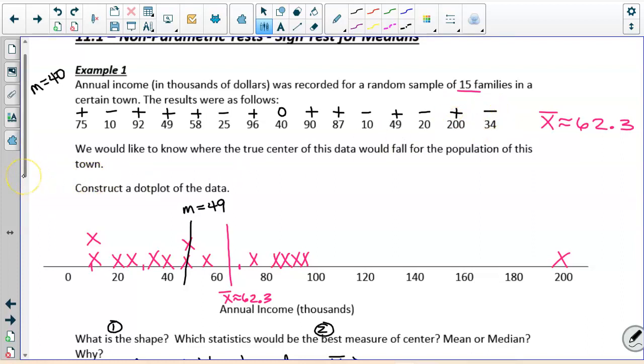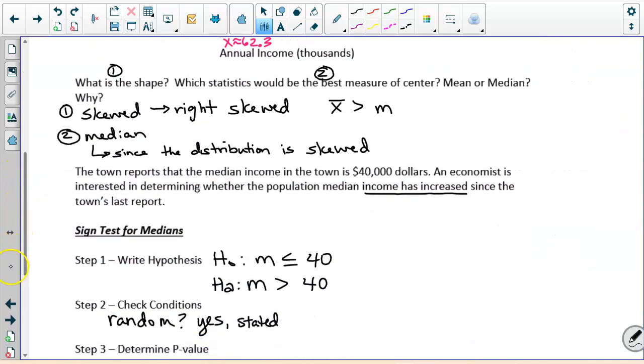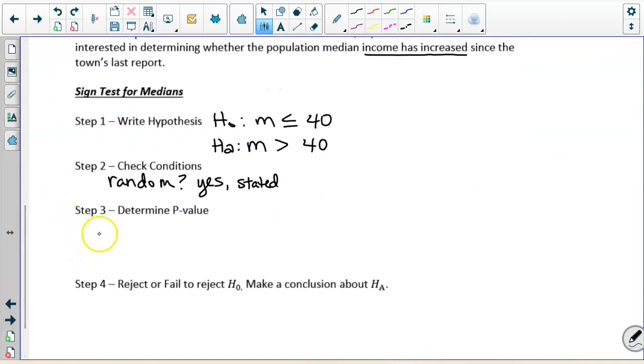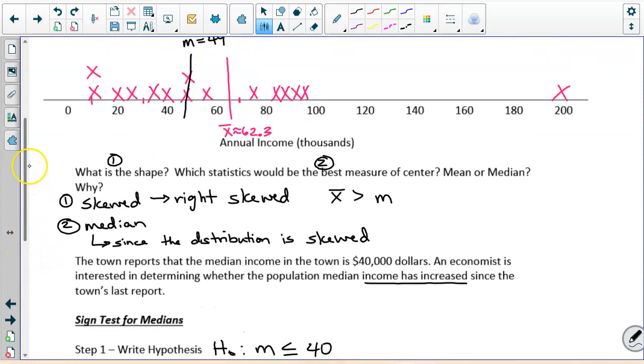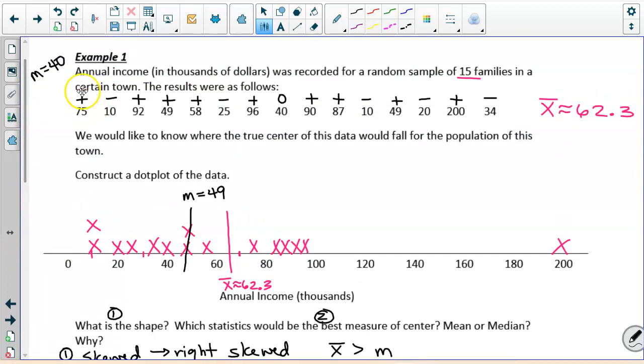So I've compared every single data value to the claim, which is that the median is $40,000, okay? So what we're going to do down here is write plus, minus, 0. And now you just count how many plus signs you have. 1, 2, 3, 4, 5, 6, 7, 8, 9.